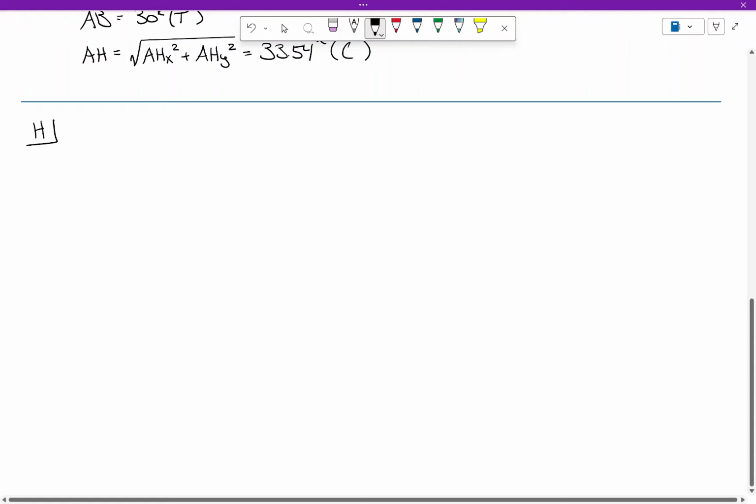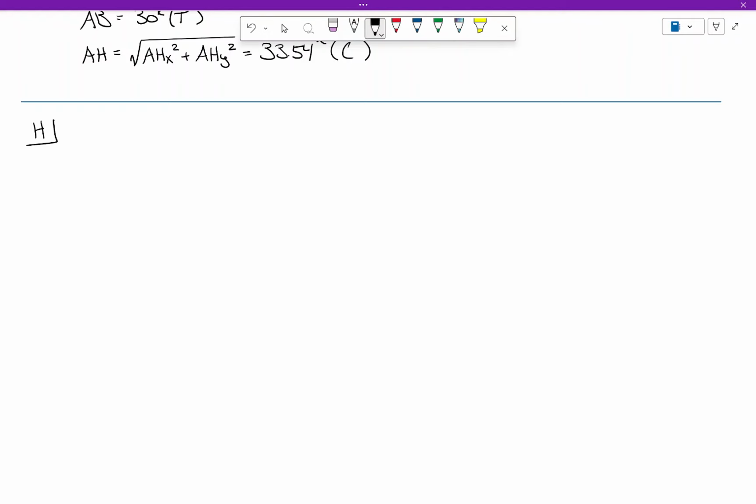Okay. So remember when we're doing a joint analysis, the first thing that we do is we identify the members. So joint H, what does joint H look like? We've got a member here, a member down, right? So it's going to look something like this.